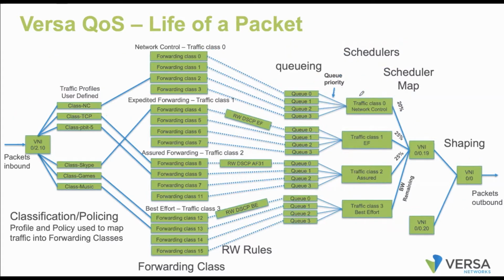So this network control traffic class, right? Is this for internal communication only, or can we send our own traffic, for example voice traffic? You can use any queues, any traffic classes to forward the actual traffic. For example, I wanted to use YouTube traffic and forward it to forwarding class 3, which refers to Q3 of network control.